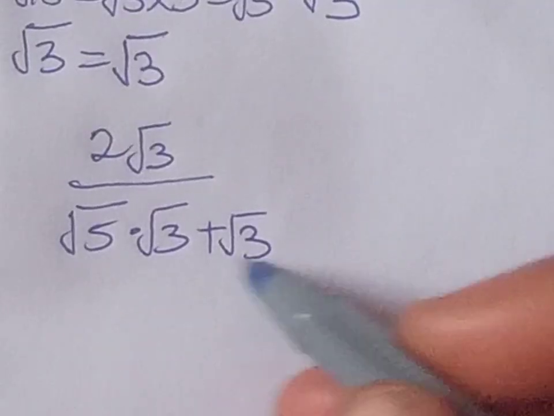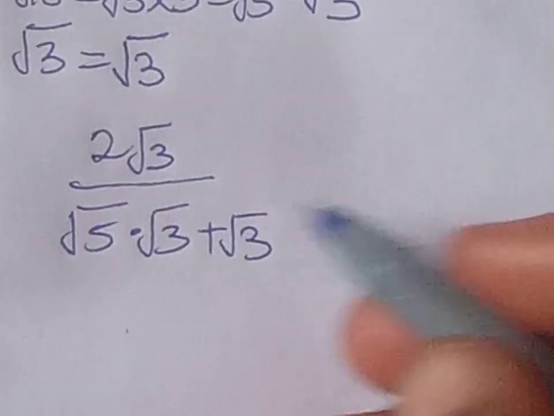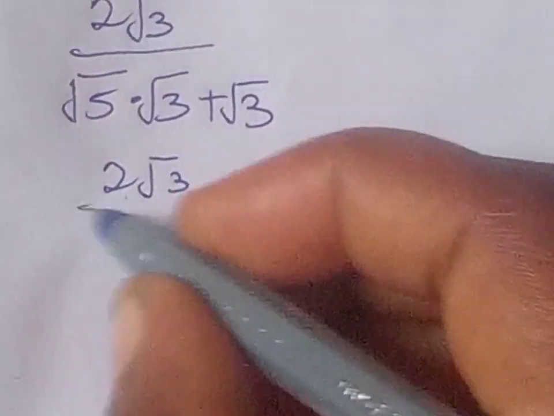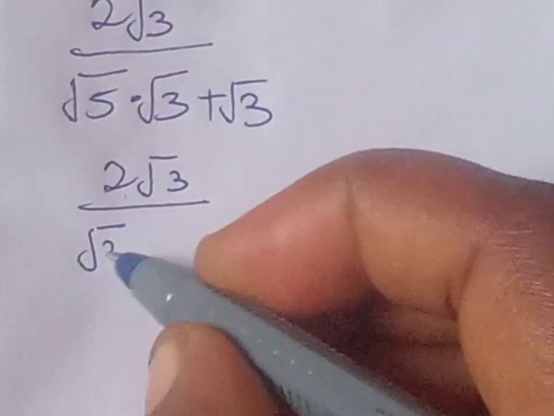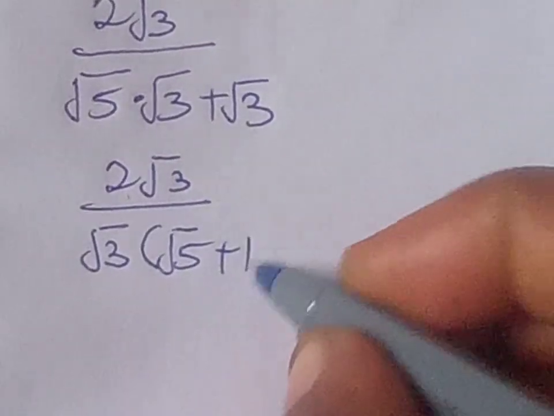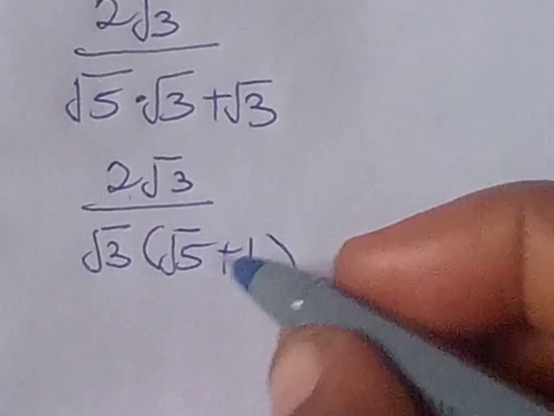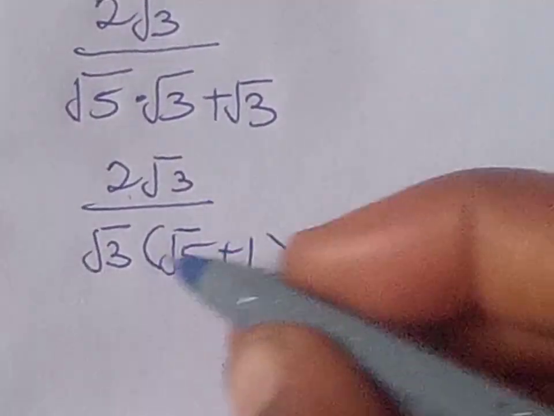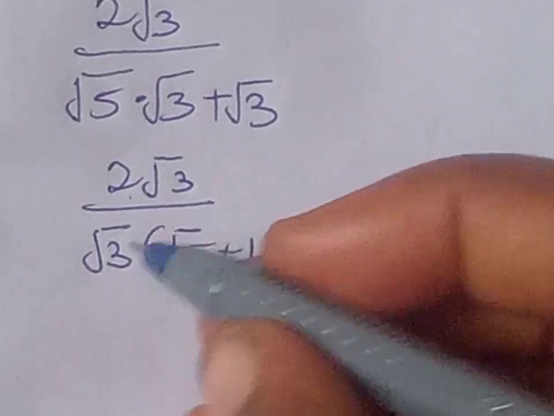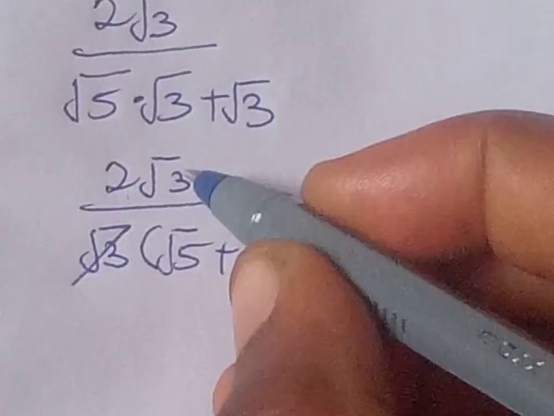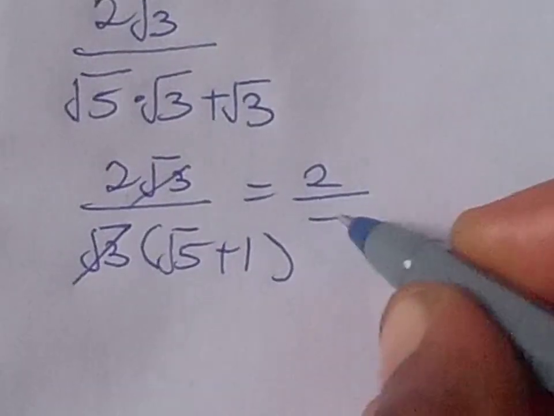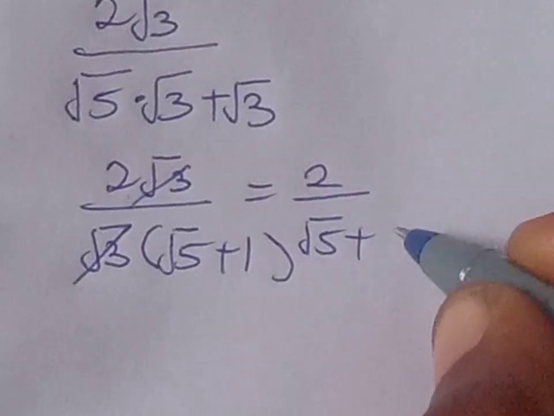Let's factor root 3 out of the denominator, which will give us 2 root 3 divided by root 3 multiplied by root 5 plus 1. Since root 3 is in both the numerator and denominator, we cancel it out completely. So root 3 cancels root 3, and we are left with 2 divided by root 5 plus 1.